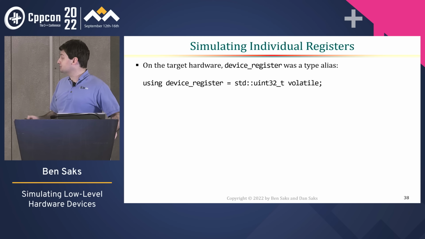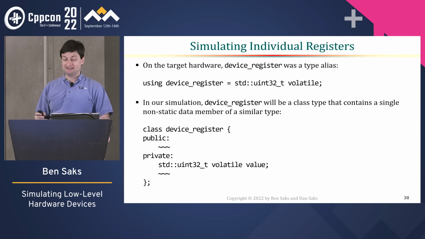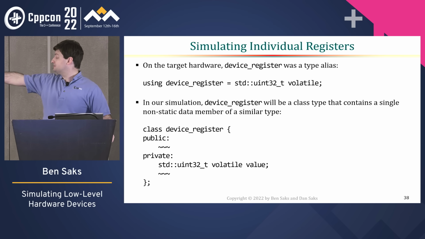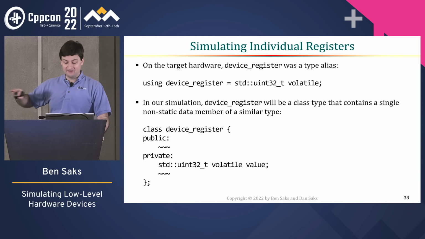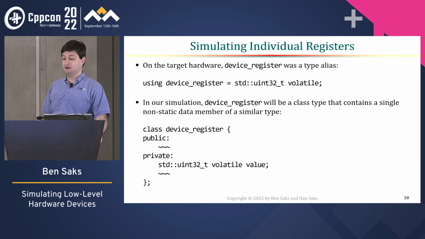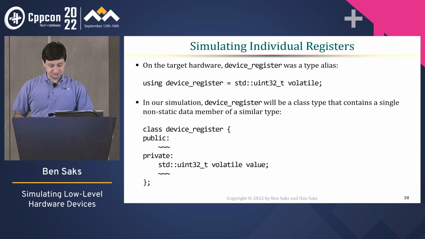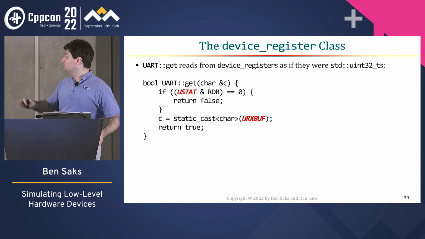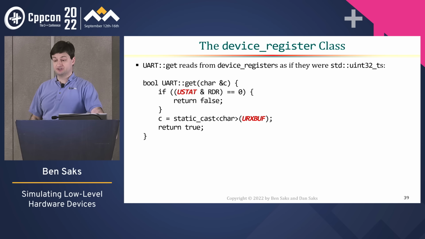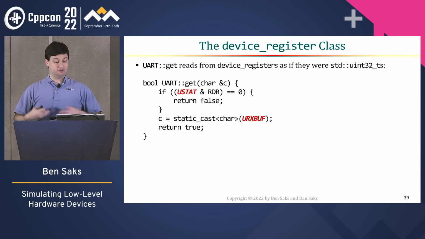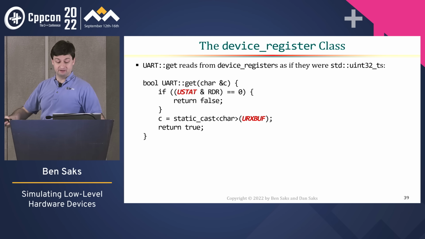In the simulation, we're going to turn device register into a class type that contains a uint32_t volatile. That's where we're going to store the actual value that the register currently contains.